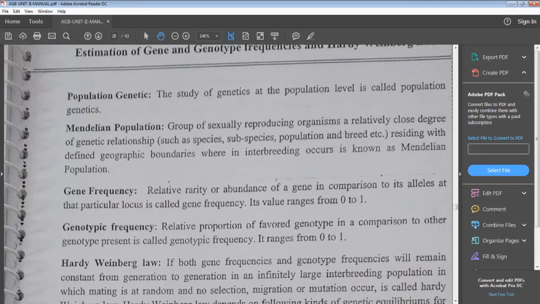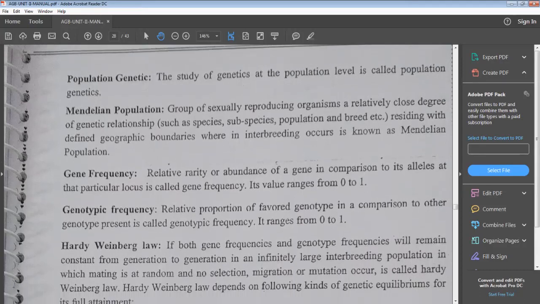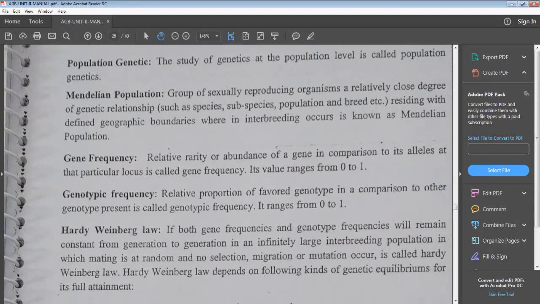A Mendelian population is a group of sexually reproducing organisms with a relatively close degree of genetic relationship, residing within defined geographic boundaries, wherein inbreeding occurs. That is known as the Mendelian population.